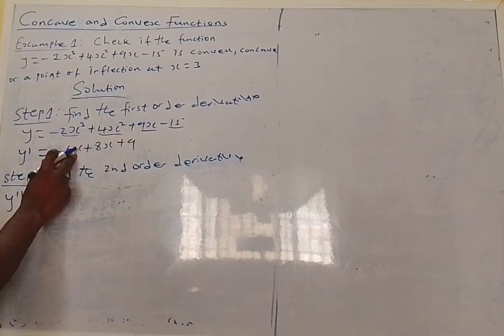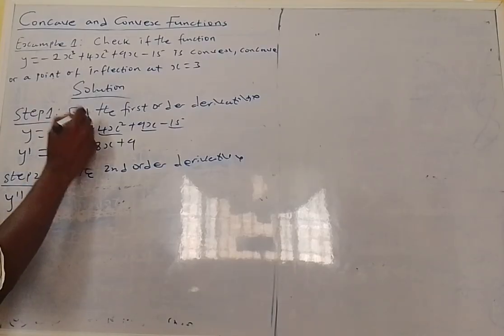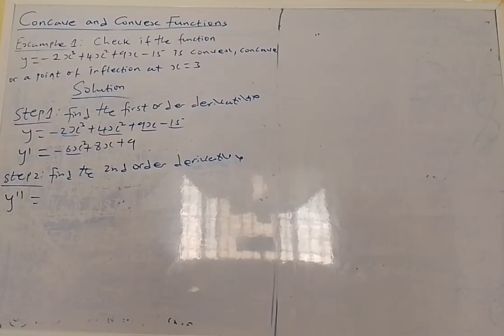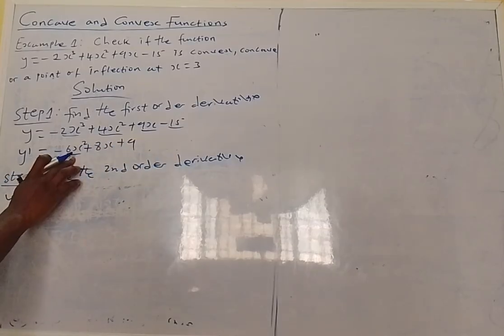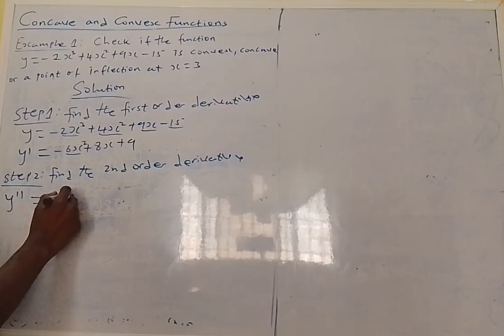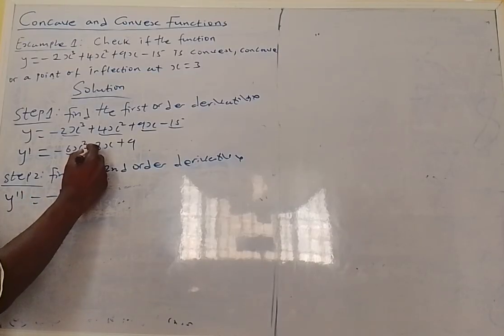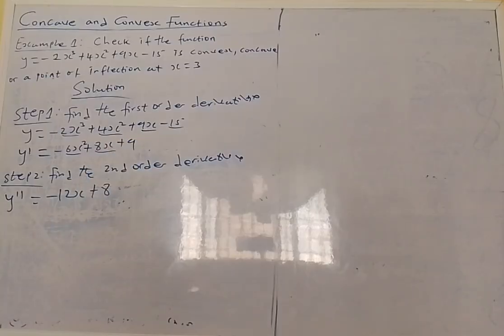So we differentiate this function: minus 6x squared plus 8x plus 9. Differentiating minus 6x squared gives us minus 12x, then plus 8 from differentiating 8x. The constant becomes 0.